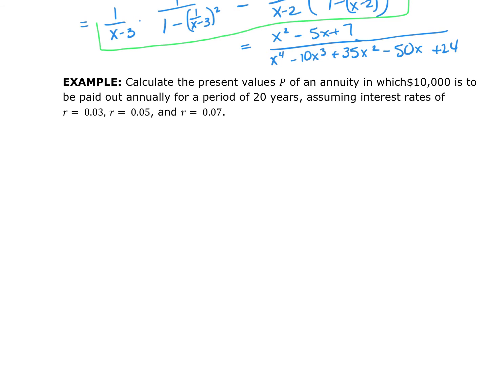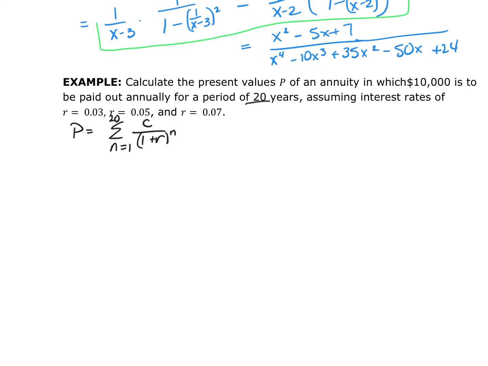Now, we have the formula in our book for the annuity. The formula in our book is P is equal to the summation of n equals 1 to 20, in this case 20 years, of C over 1 plus R raised to the n. So that is from the book.